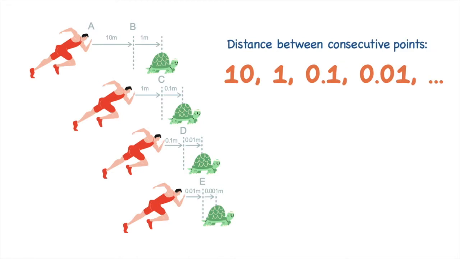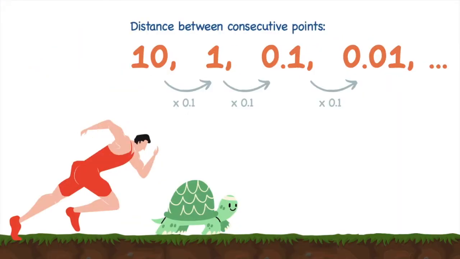To help us analyze this problem better, let us first list the distance between the consecutive points. We have 10, 1, then 0.1, then 0.01, and so on. Now that we have it written down, do you see any pattern? As you can see, 10 times 0.1 is equal to 1. 1 times 0.1 is equal to 0.1.